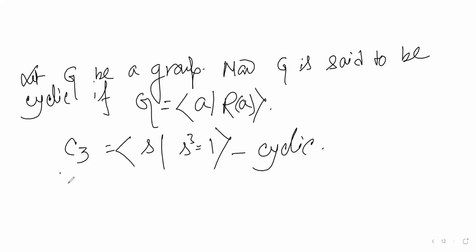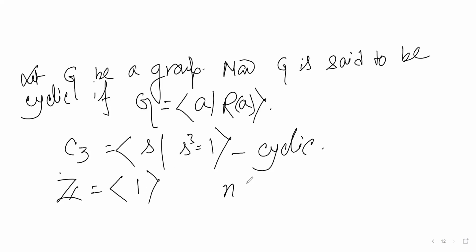Similarly, if we consider the set Z, so Z is generated by the element 1, and 1 does not satisfy any relation, so we just write it as angle bracket 1. To see it is a generator means I can write any element of Z as a finite composition of 1, right?